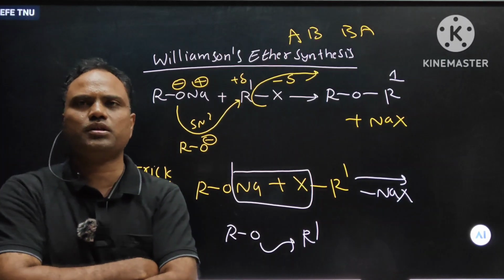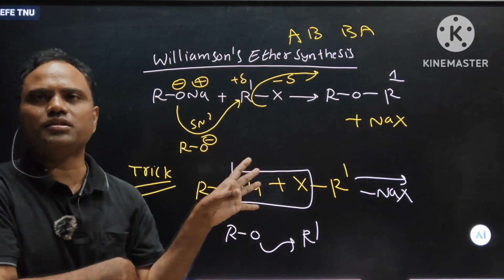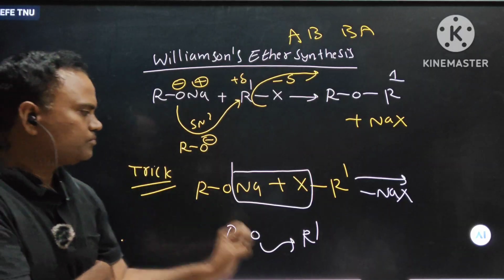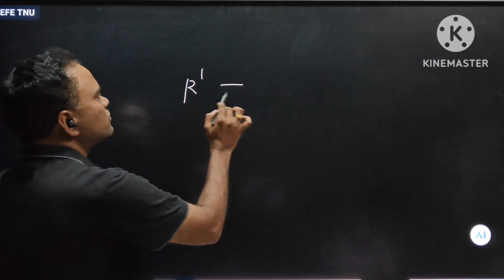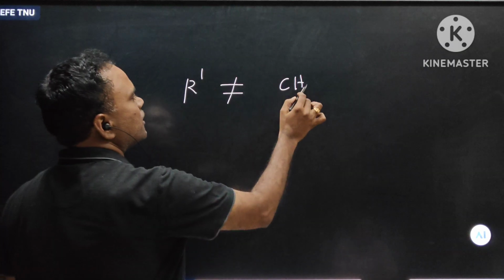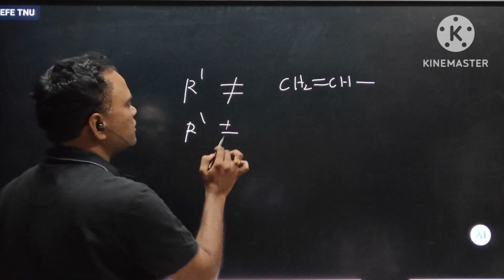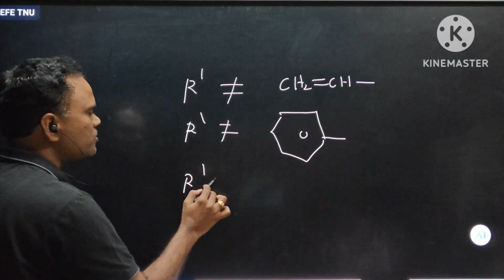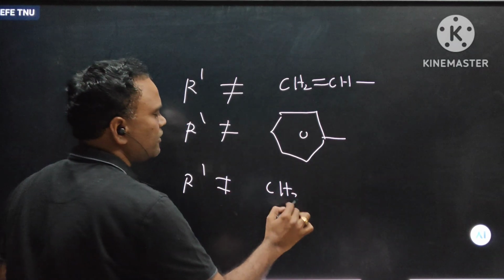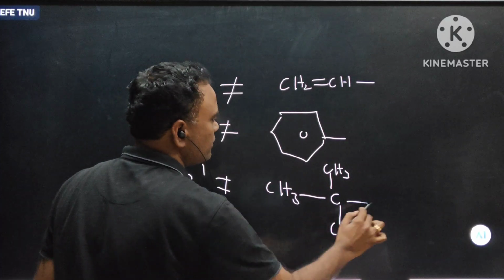See, you are revising Williamson's ether. This is over already with examples also. Okay, I'll give the conditions for R dash. R dash should not equal a vinyl group. R dash should not equal an aryl group. R dash should not equal a tertiary alkyl group.